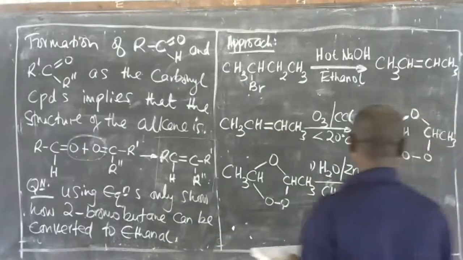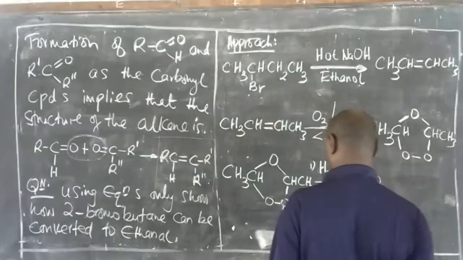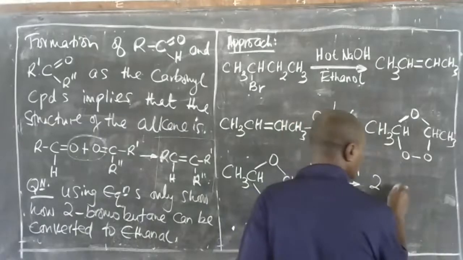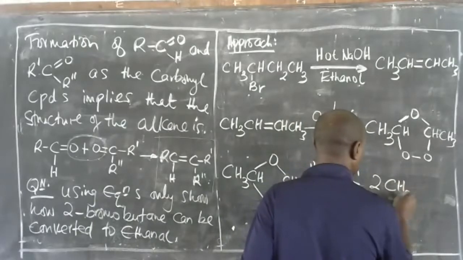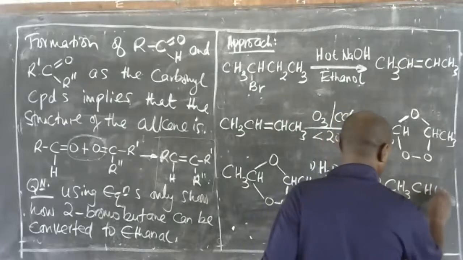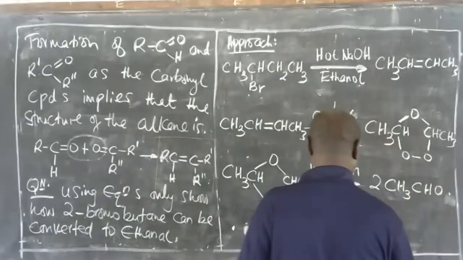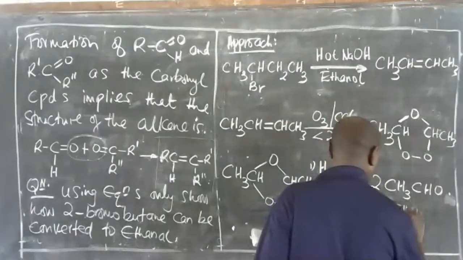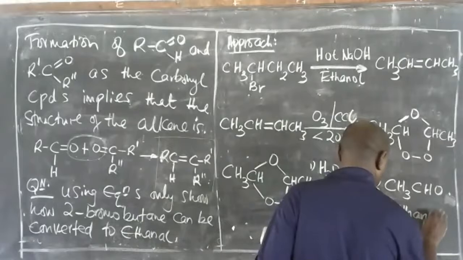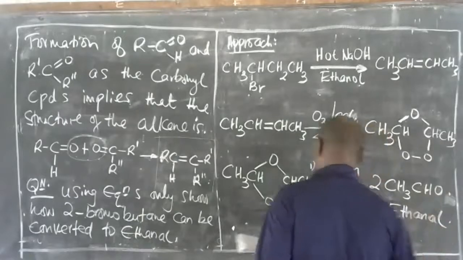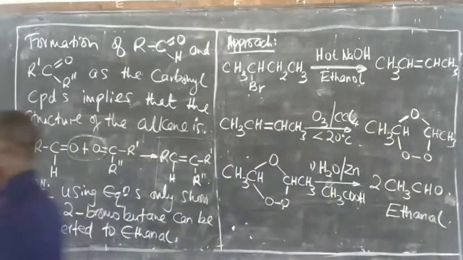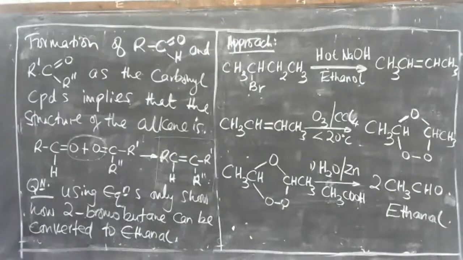Then you are going to end up with 2 molecules of CH3 CHO, which is ethanal.